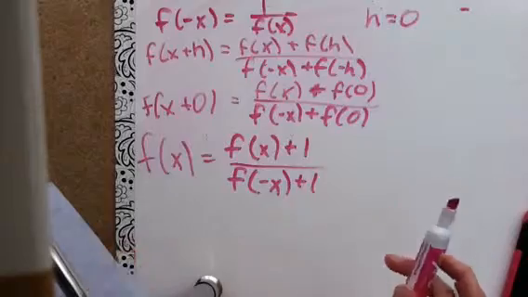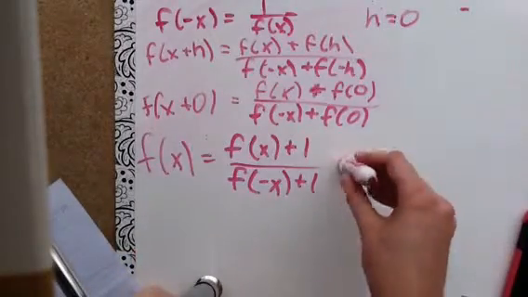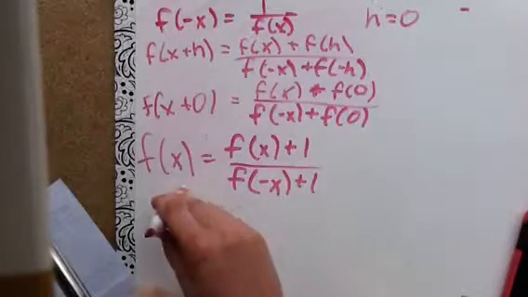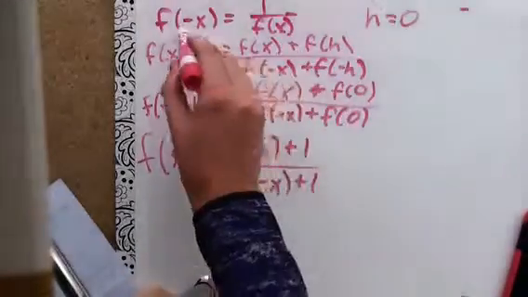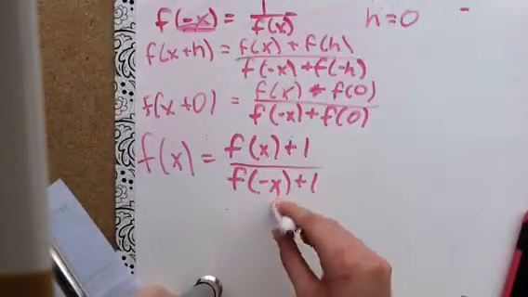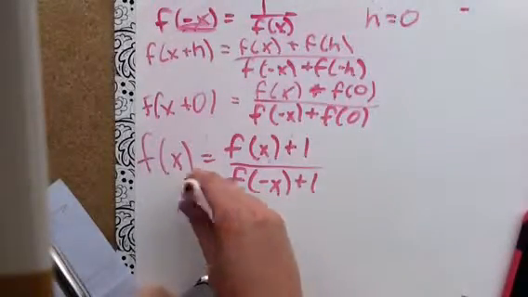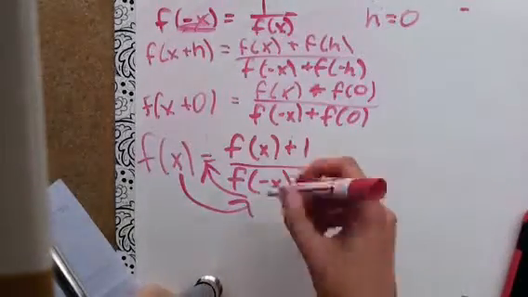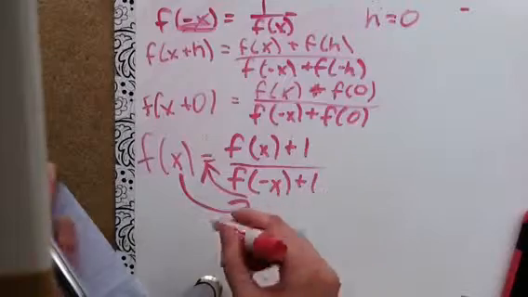Now, here's where it gets slightly complicated. We want f of negative x over here, because that's what we're trying to find. So we want to multiply this over and divide this here.